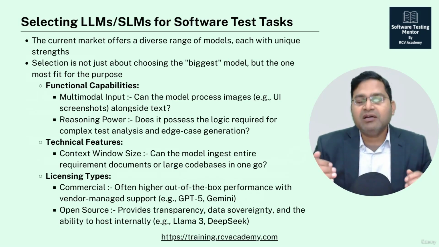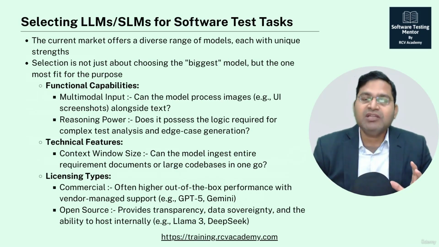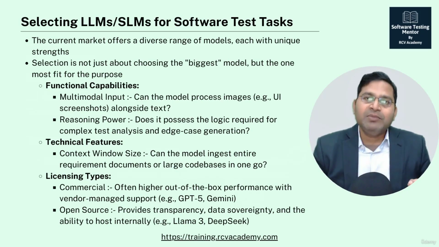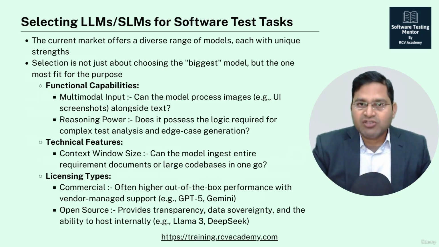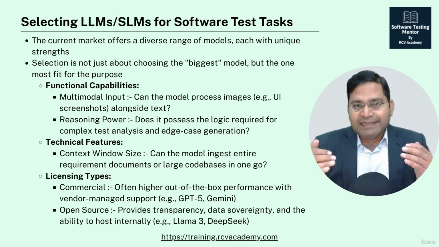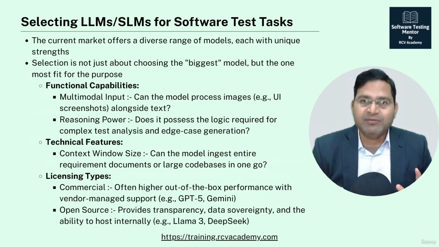So these are some of the functional capabilities that you can check in a model because you are using it for software testing tasks. So you might be sharing the defect screenshot, the logs, the requirement document to get the detailed analysis. So is the model providing you those functional capabilities or not?